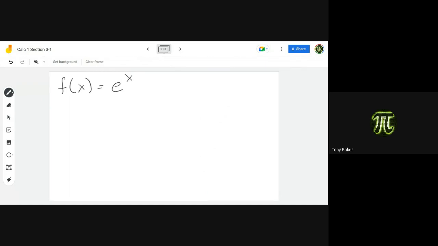What was the one qualification? The exponent has to be a real number. Is x a real number? No. I could do x to the e, I could do that. But I can't do e to the x. This is an exponential function. Okay? So I can't use the power rule for this.